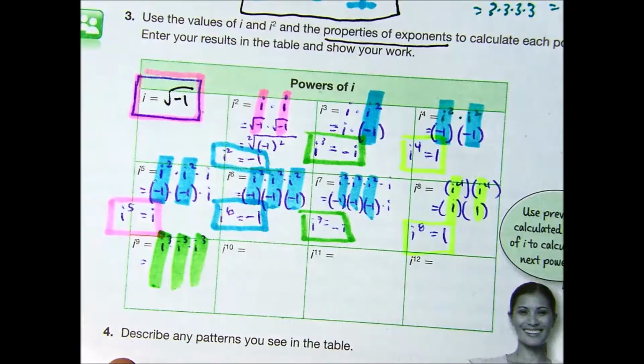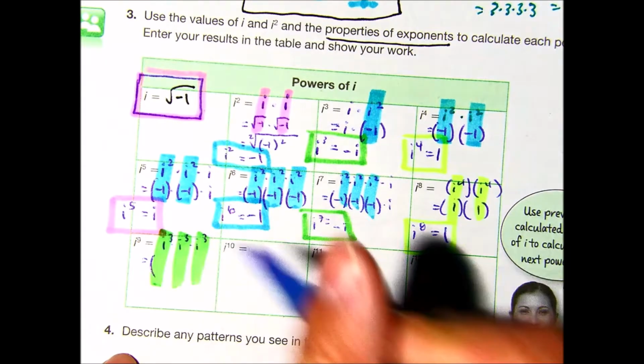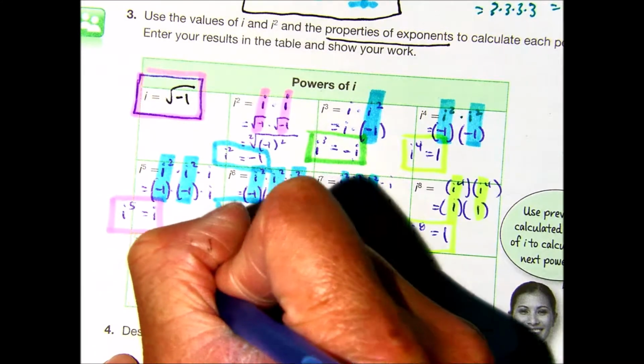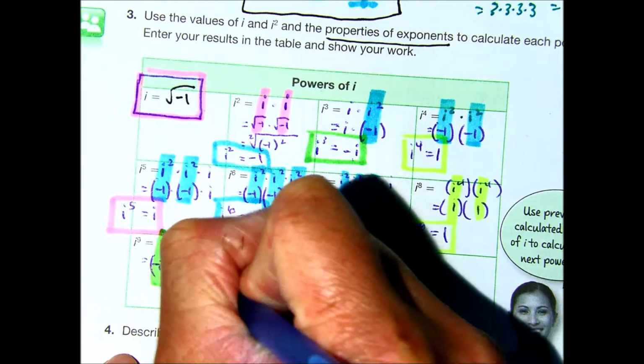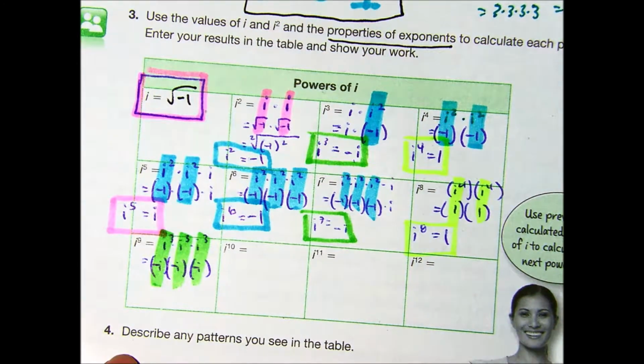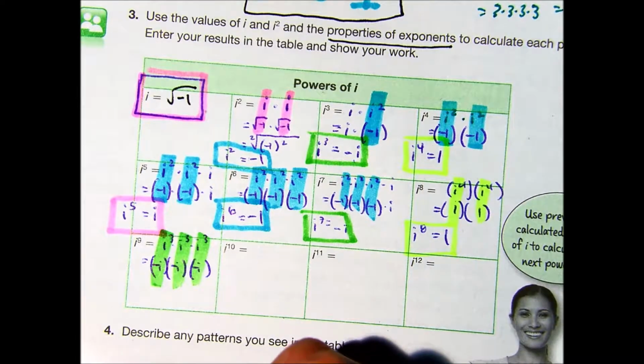Negative what? Negative i. So Diana, you get negative times a negative times a negative. What's a negative times a negative? And negative, your negative times another negative. Positive. So I'm going to get i to the 3rd power. And i to the 3rd power is equal to?